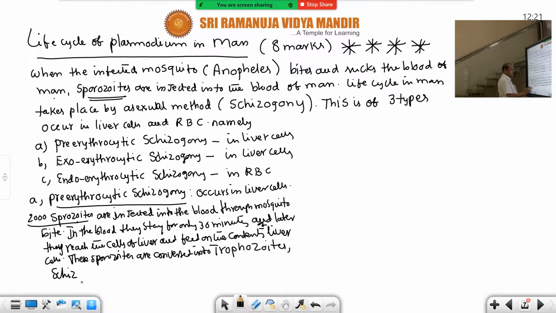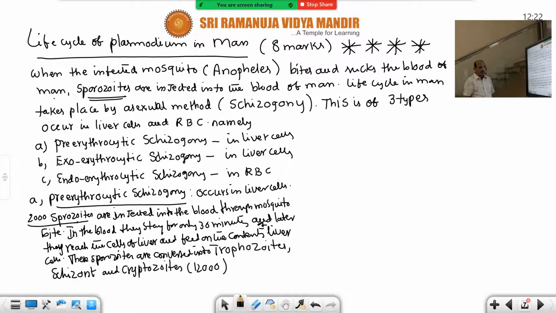Schizont: the cell of trophozoite enlarges, and that enlarged size is called schizont. And lastly, the cryptomerozoites or cryptozoites, which are produced in the pre-erythrocytic schizont.